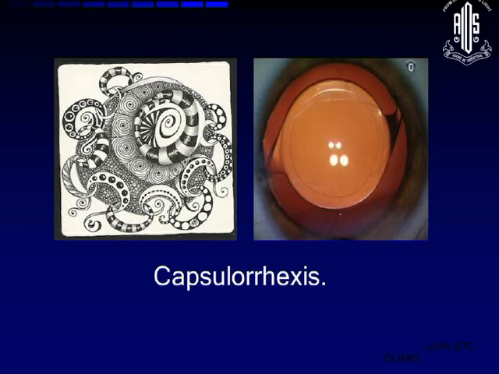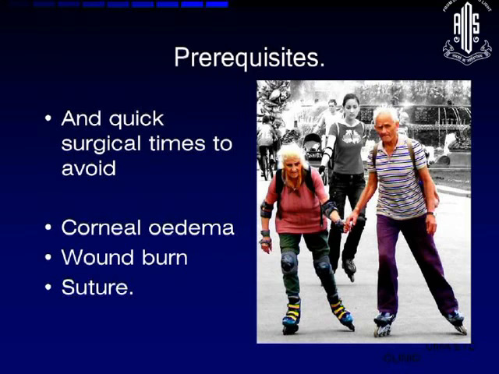Capsulorhexis, already mentioned. Try to make the one on the right side and not on the left. Try to do quick surgeries. Doesn't mean that you should, if you have a delayed time, you would have corneal edema, chance of a wound burn, a suture. Everything ruins the prospects of a good toric IOL.